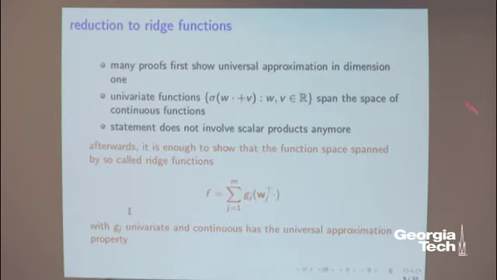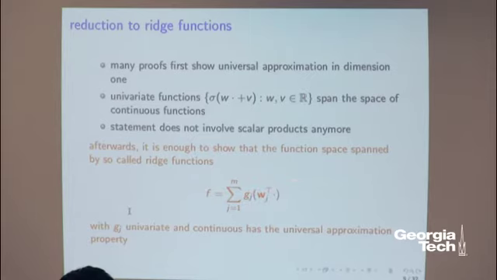And so how do these proofs work? Many of the proofs that exist split it in 2 parts. In the first part, they somehow do the one-dimensional case, which I said is quite easy with the activation functions. And if you have proven the universal approximation in 1 dimension, afterwards you can wonder whether the universal approximation holds if, instead of the sigmas here, you take arbitrary continuous functions gj.